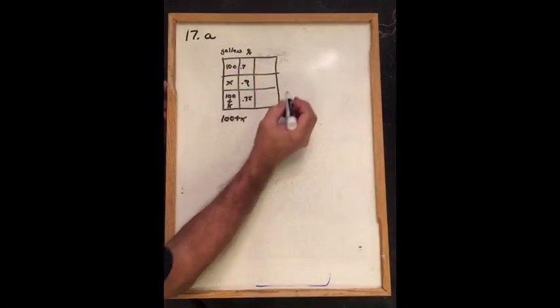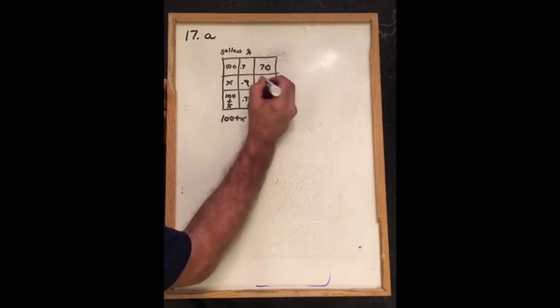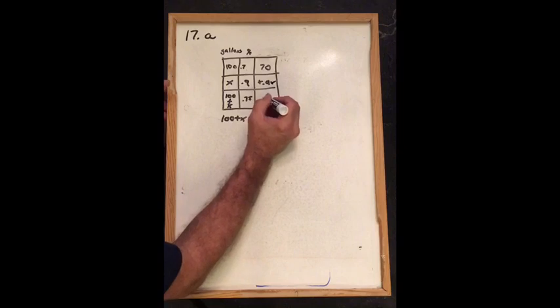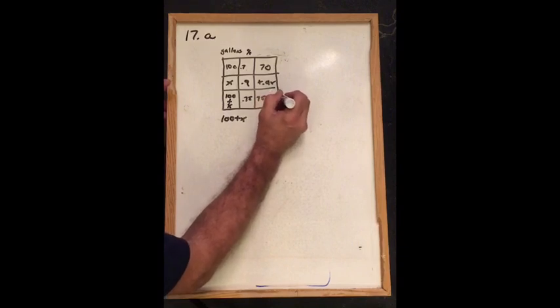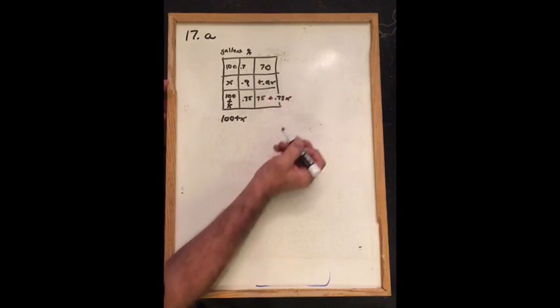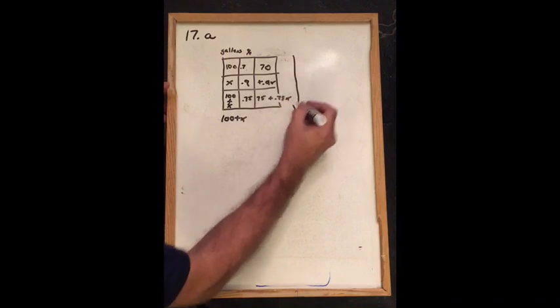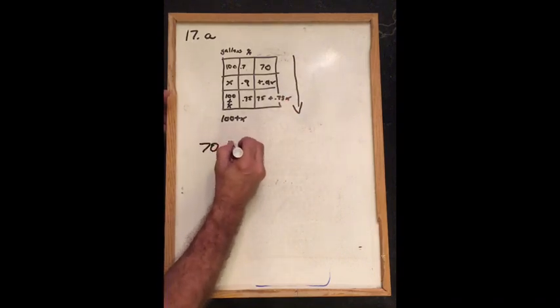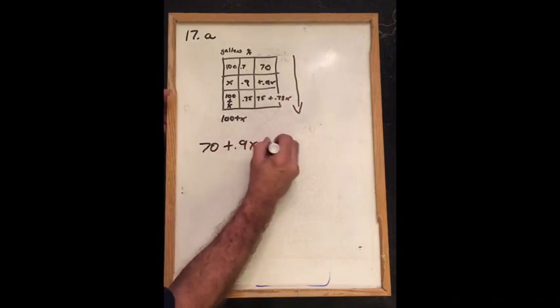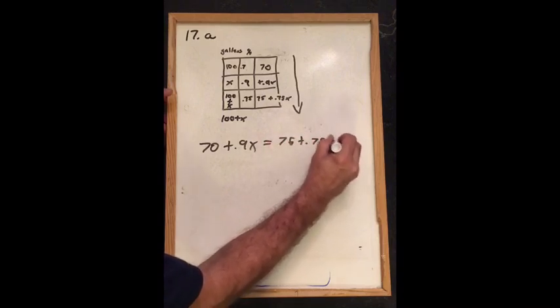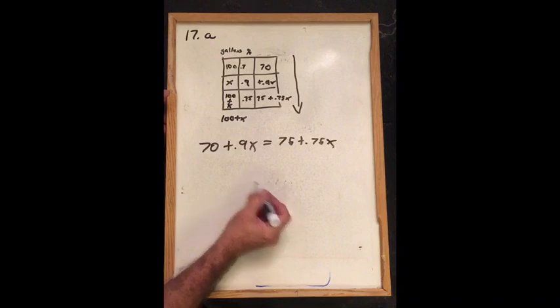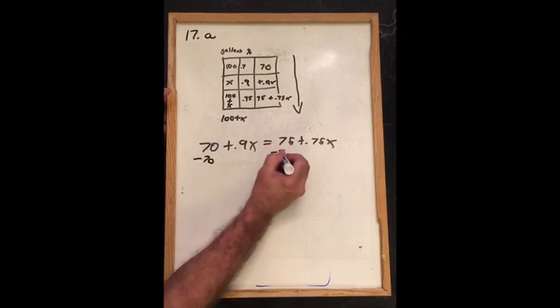Now multiplying straight across, you get 70 plus 0.9x is equal to 75 times (100 plus x), which is 75 plus 0.75x. And then you're looking at the last column, you get 70 plus 0.9x is equal to 75 plus 0.75x. So I'll subtract 70 first.